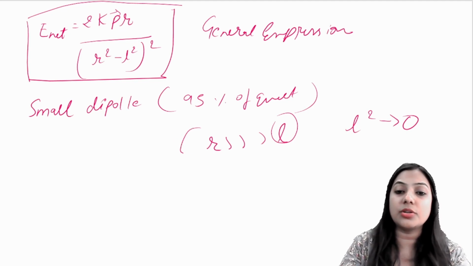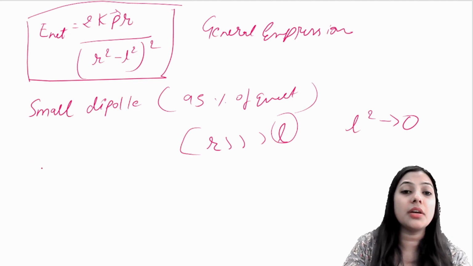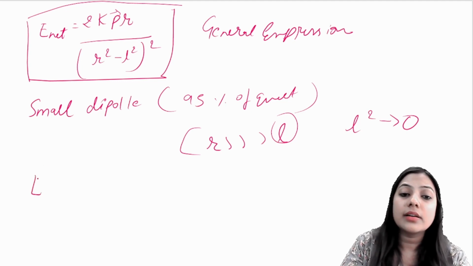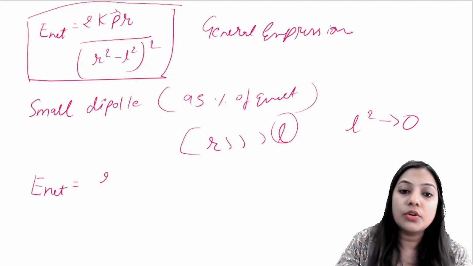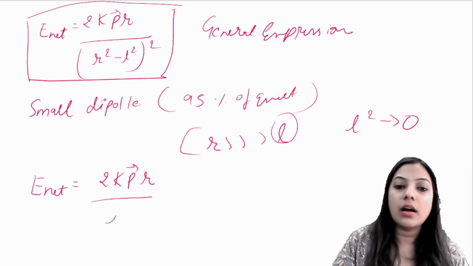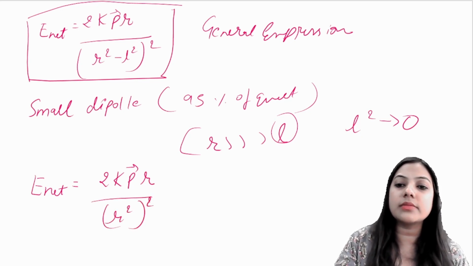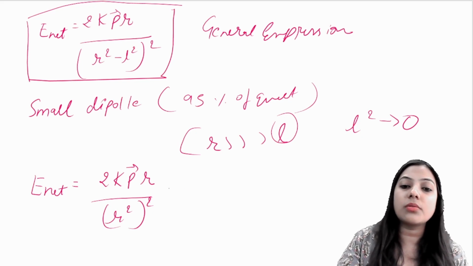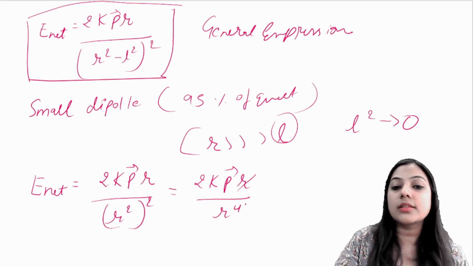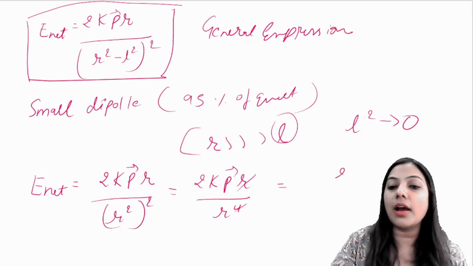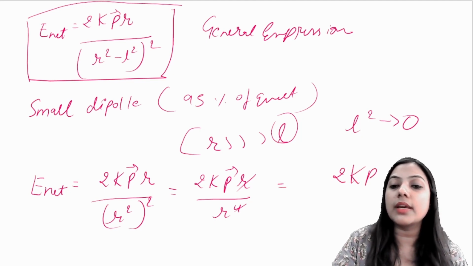This is the condition. If we apply this condition, what value will we get? E net is equal to 2k p r upon r square whole square, because L square is 0, so 2k p r upon r to the power 4. r is cut from this, and the final value of this expression is 2kp vector upon r cube.